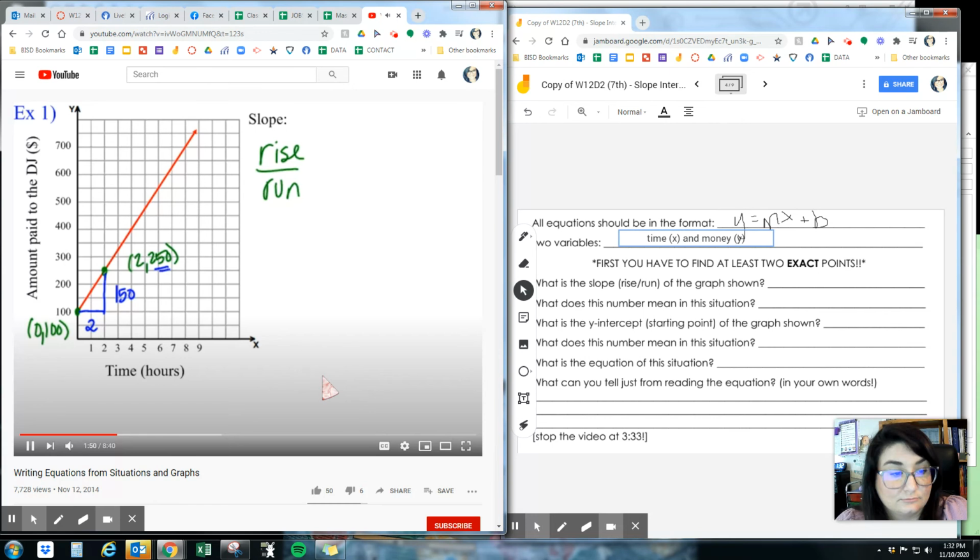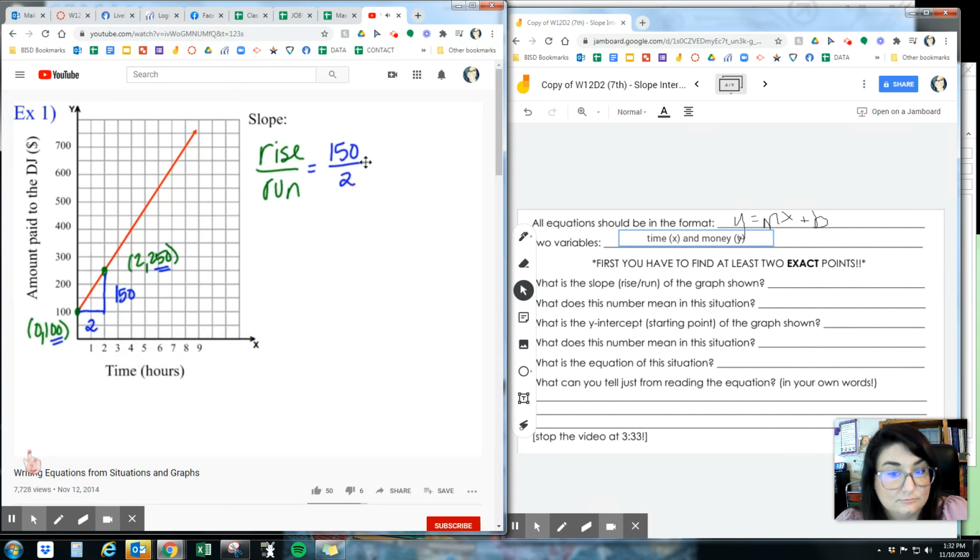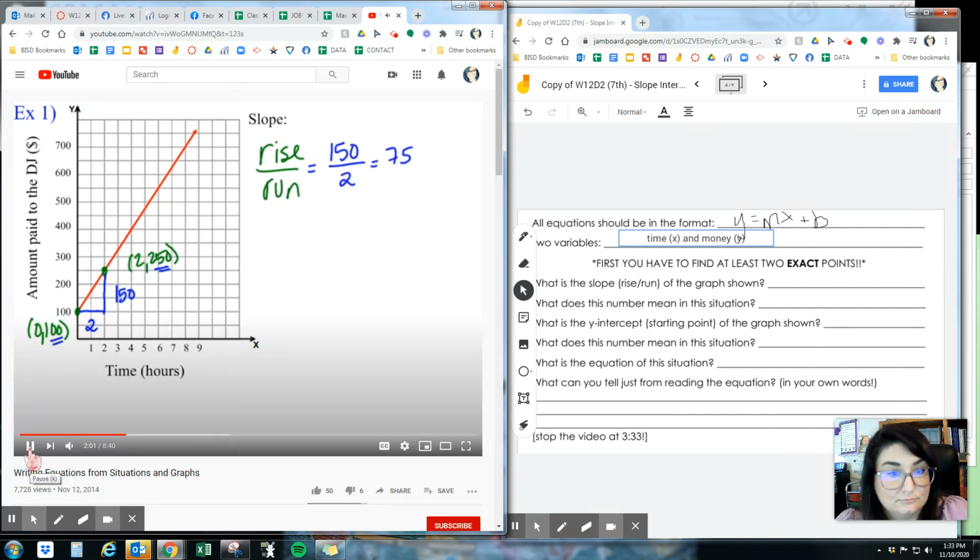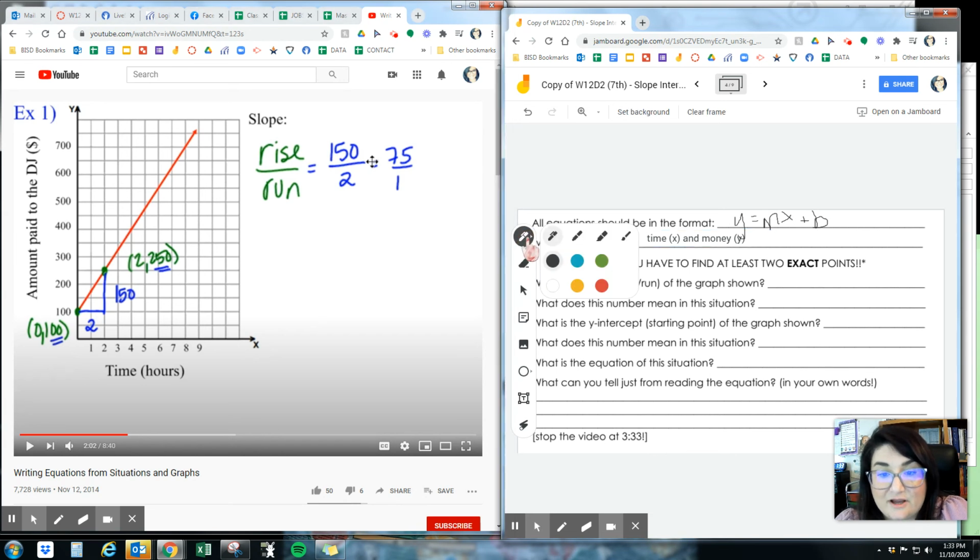You can tell also because 250 take away 100 gives you 150. So that's our rise. If we take our rise, 150, and divide it by 2, we can simplify that to 75 over 1. So our slope, rise over run, is 150 divided by 2, which is 75 over 1.